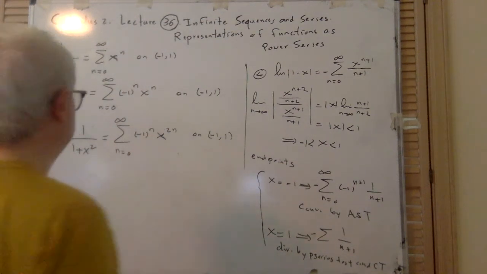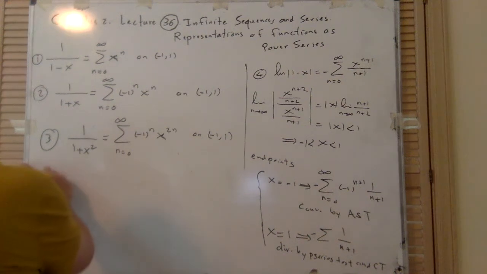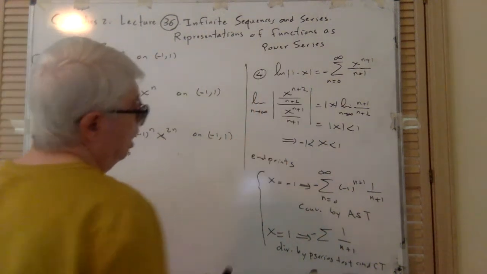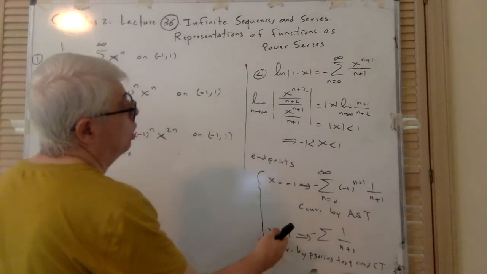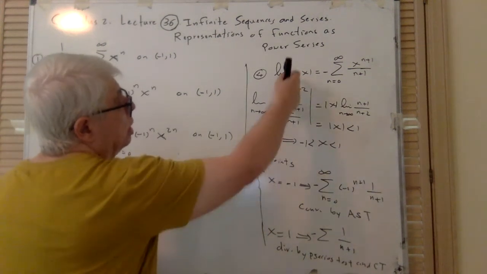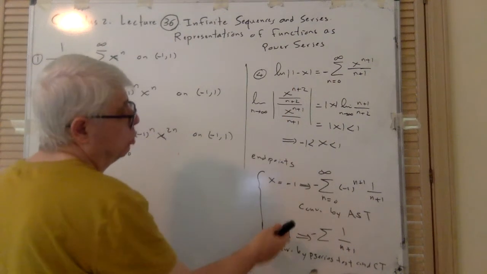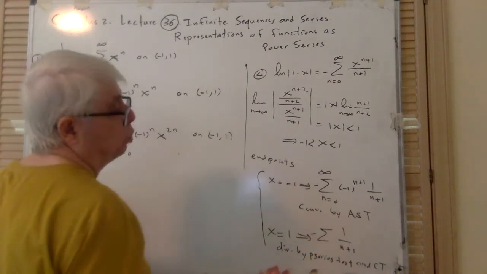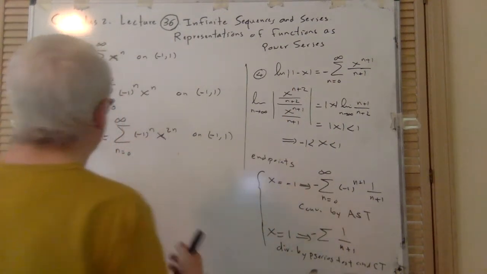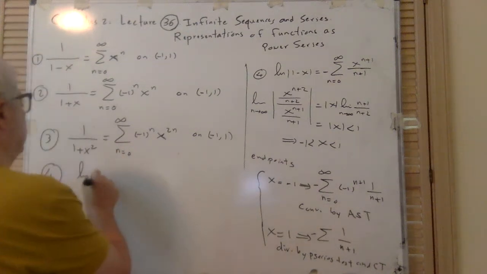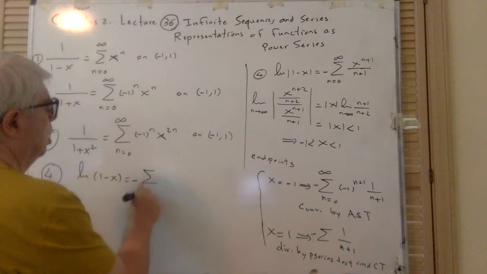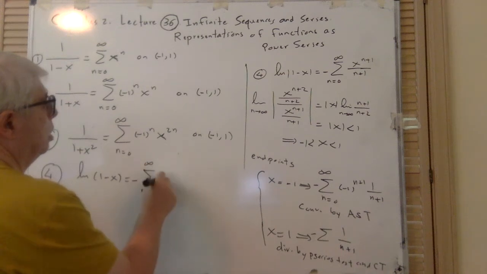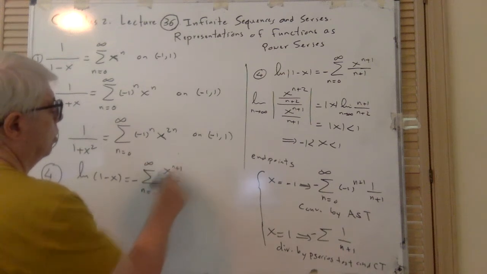So what happens is that I can write ln, and I can remove absolute value because x is between -1 and 1, and it can't be 1. It can be -1. -1 will give me 2, but anything above 1 will give me negative numbers. So I can remove that absolute value, and that is minus sigma from 0 to infinity of x^(n+1) over n plus 1.